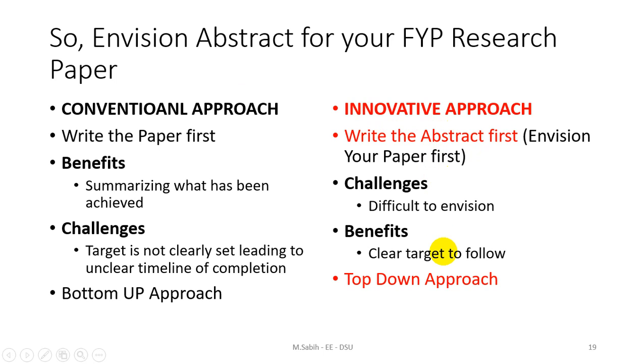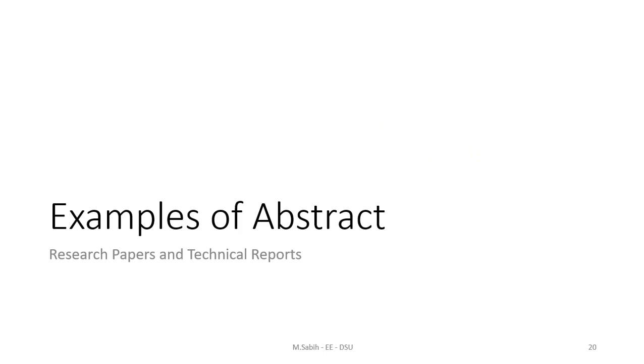It's a top-down approach, and I encourage you, or challenge you, that from now, with these 5 sections, try to envision your FYP. And by the way, if you can think in these 5 or 6 terms, you will be able to have a very good research project.